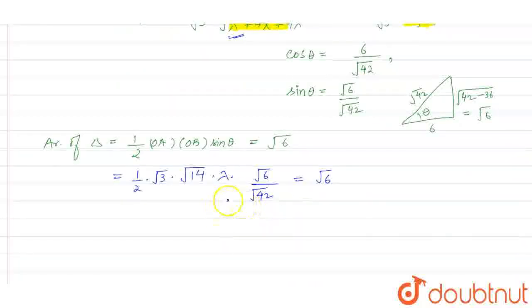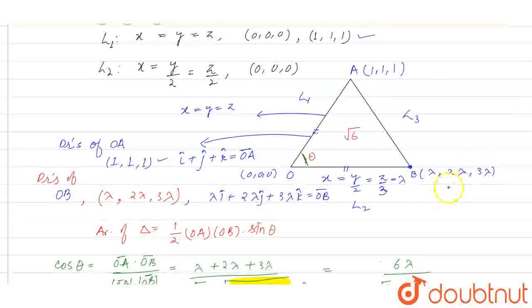Now this cancels out with this one, √6 cancels out, and we get lambda equal to 2.